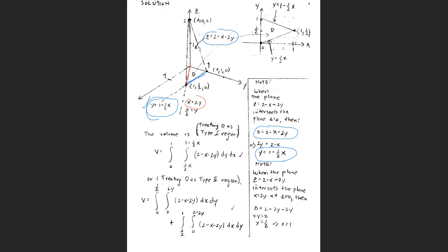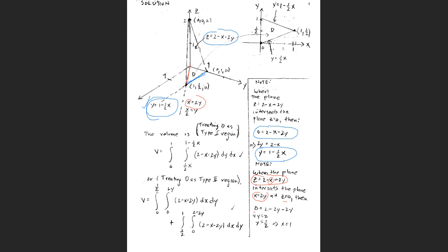Well, when the plane z equals 2 minus x minus 2y intersects the plane x equals 2y at z equals 0, we can just set z equal to 0 and substitute in x equals 2y for this x here.